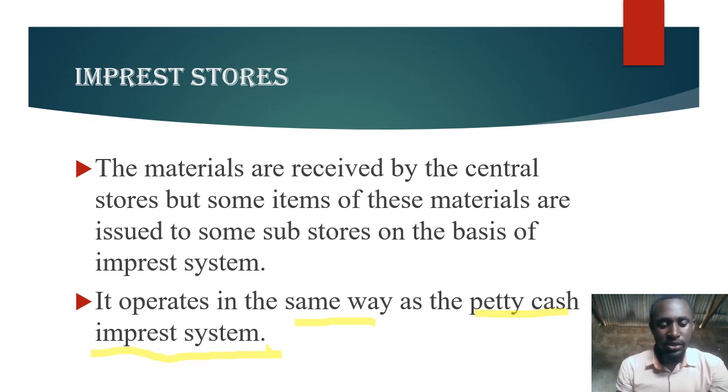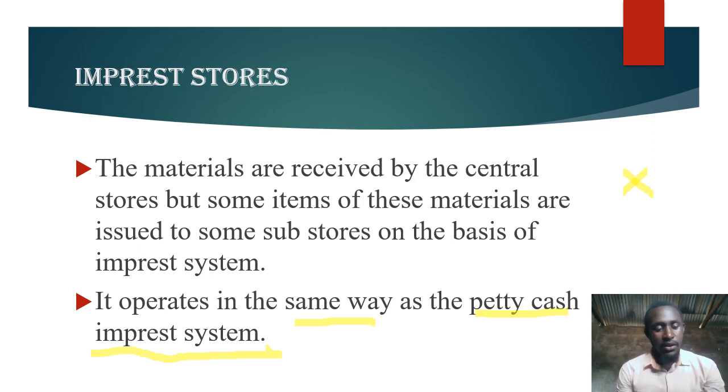For example, if the consumption of material X is 2000 units per week, then an imprest of 2000 units is arranged. If at the end of a specific week the storekeeper remains with 150 units, then he will get 1850 more units at the start of the following week. So the imprest quantity of 2000 units will be restored.